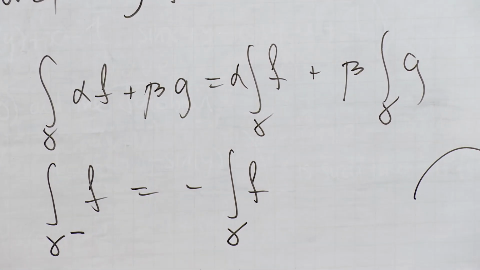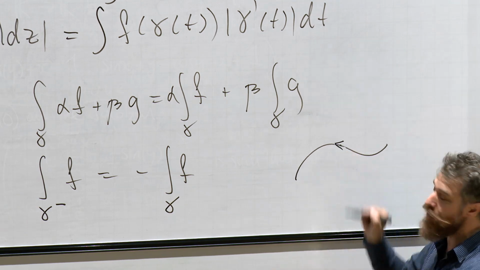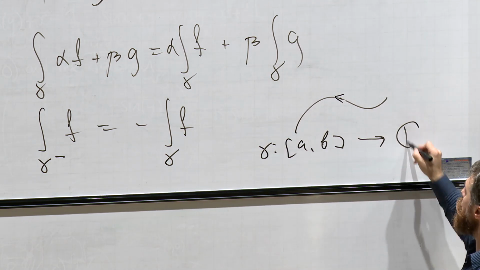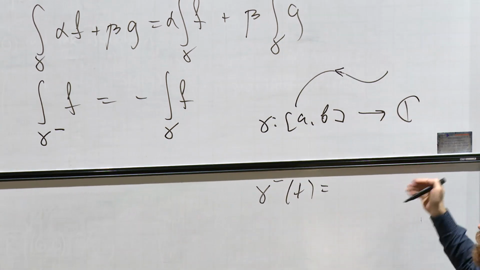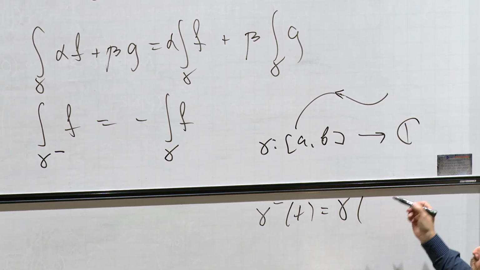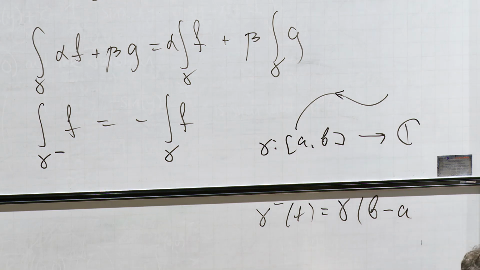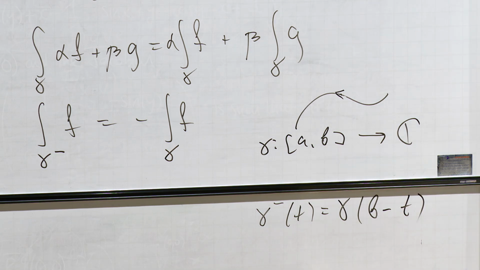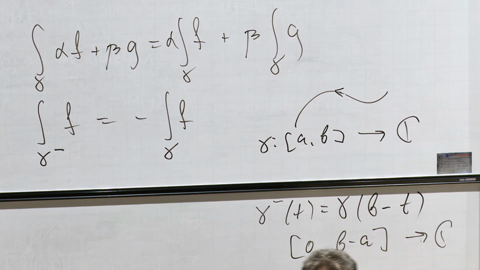Then, let me just write this and I'll explain notations in a second. So if we have a curve gamma and it has this orientation, then gamma minus is the same curve but with opposite orientation. So for example, if gamma goes from A to B, then gamma minus of t is, for example, something like gamma of B minus t, and now our t varies from 0 to B minus A. So basically it's the same curve, but we go in the opposite direction.